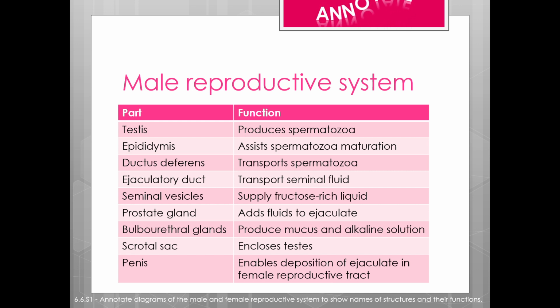Now let's focus for a moment on their function, because each of these things has something to do, and probably some of these functions are more obvious, while some are rather mysterious at this moment and very specific, even if you learn about them. So the most obvious are the testes, which just produce sperm cells. Please don't confuse sperm with semen.